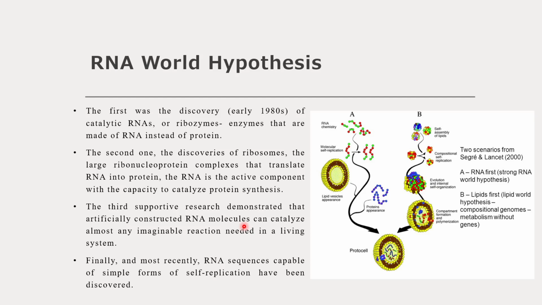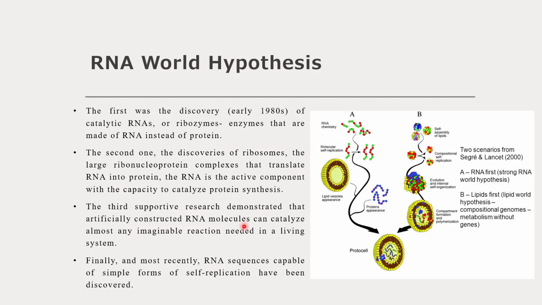So now it is clear that RNA could self-replicate in the previous era, right? Finally and most recently, RNA sequences capable of simple forms of self-replication have also been discovered.